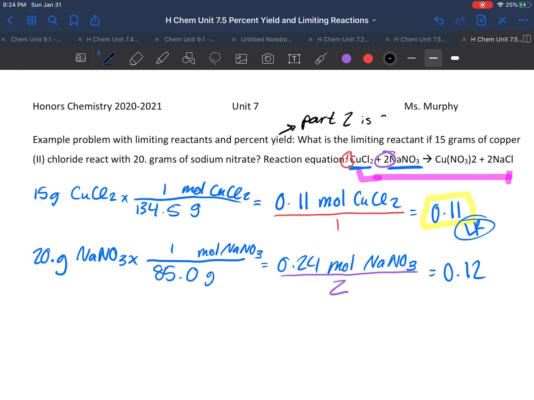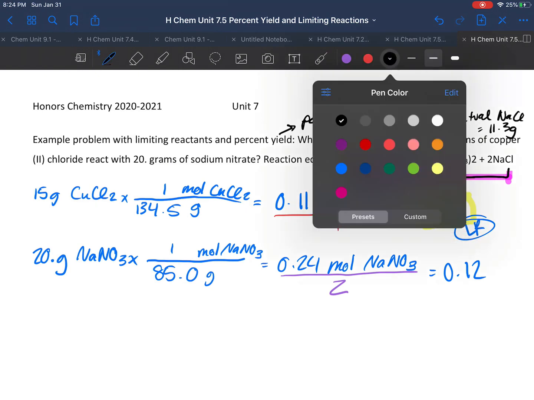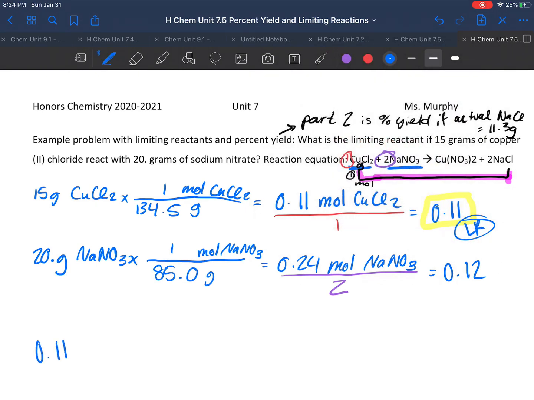Part 2 is percent yield if the actual sodium chloride is equal to 11.3 grams. So we are going from copper 2 chloride, our limiting reactant, over to sodium chloride. We've already done the first step of going from grams to moles, so I'm just going to start with this value of 0.11 moles copper chloride.